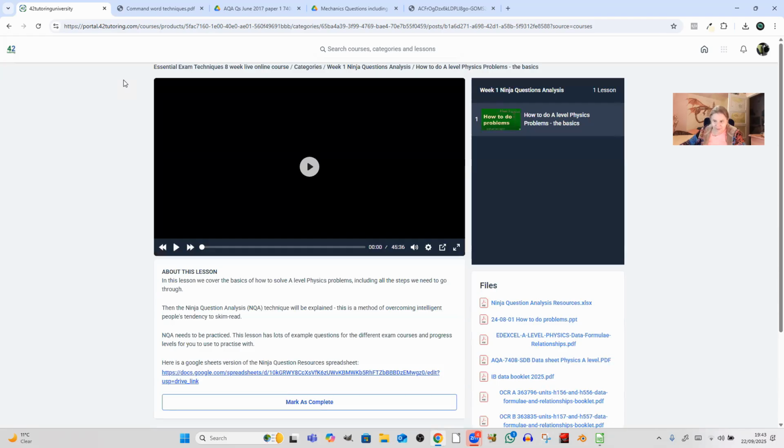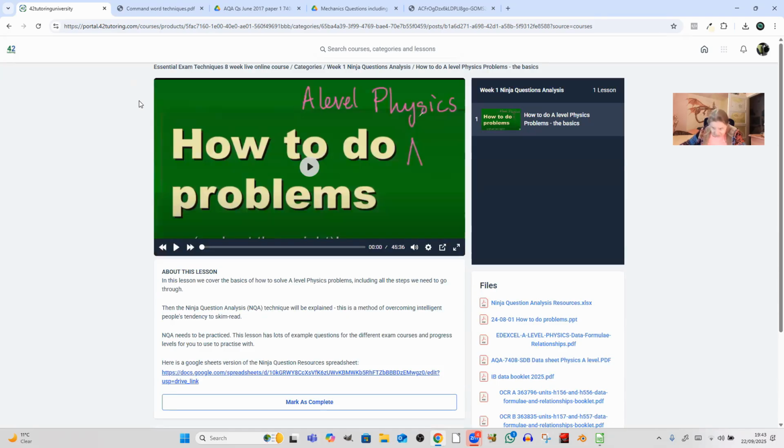Inertia is mass. So inertia is this tendency for an object not to want to change its motion. If it's stationary, it wants to stay stationary. If it's moving in a straight line, it wants to keep moving in a straight line. And you have to apply a force to get it to change its motion. Is that not Newton's first law? Yes, it is.